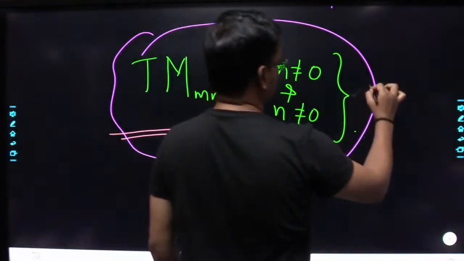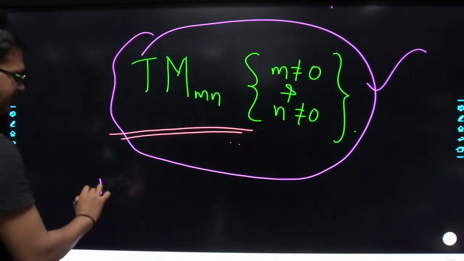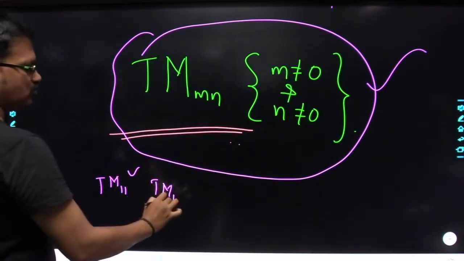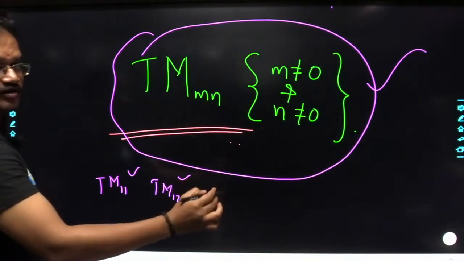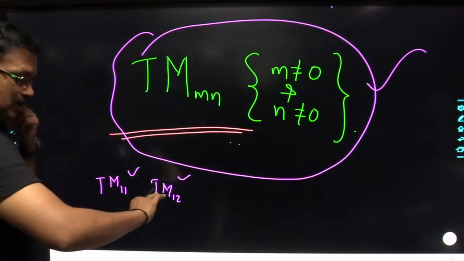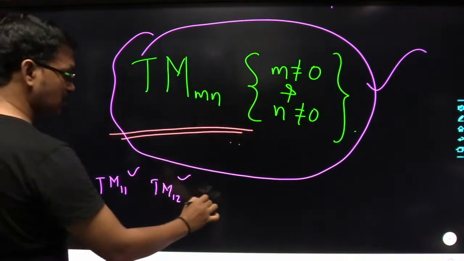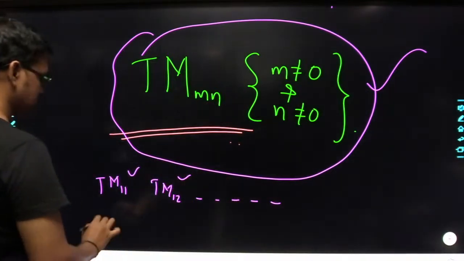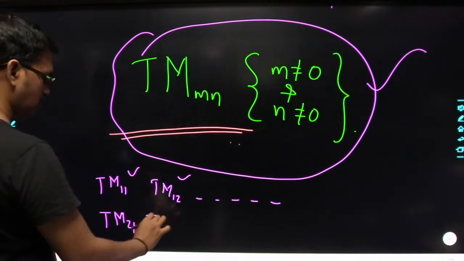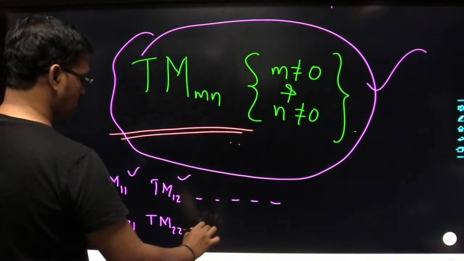So that means TM11 mode is possible and TM12 mode and TM13, TM14 and so on. Like this all the modes are possible, and similarly you can write TM21, TM22, TM23 and so on.